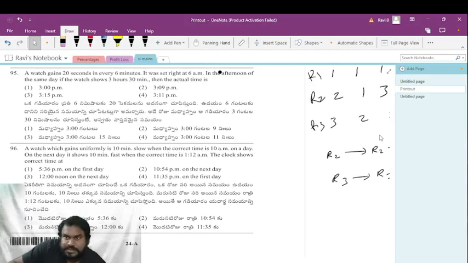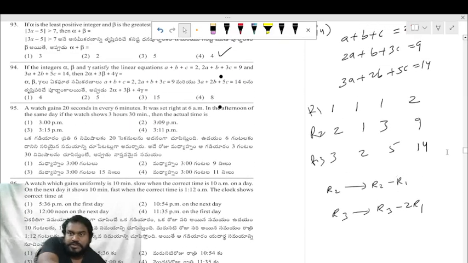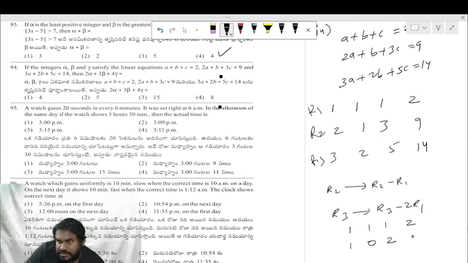Then it will become easy. So now 1, 1, 1, 2 won't change. 2 minus 1 is 1, 1 minus 1 is 0, 3 minus 1 is 2, 9 minus 2 is 7. Next, 3 minus 2 into 1 is 1 again. 2 minus 2 into 1, 0 again. 5 minus 2 into 1 is 3 here. 14 minus 2 into 2, 4. So 10 you will get here.